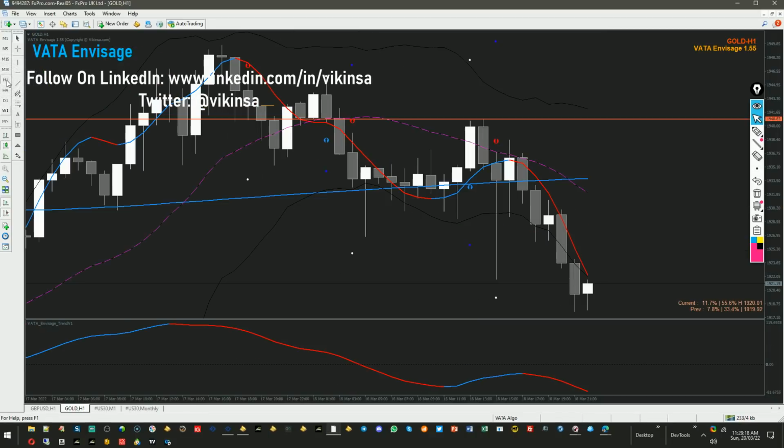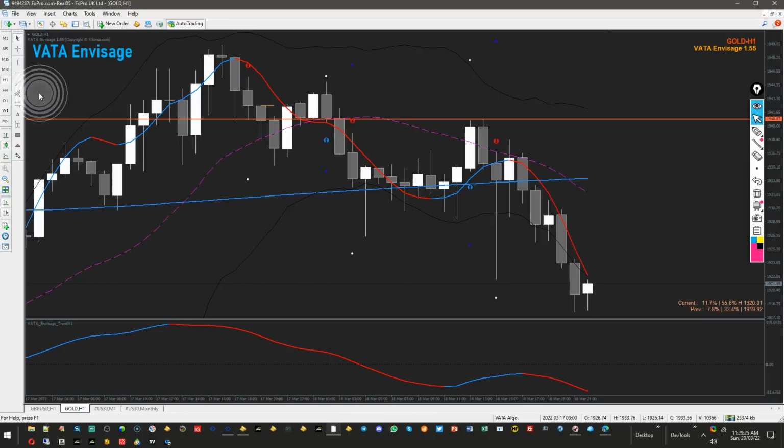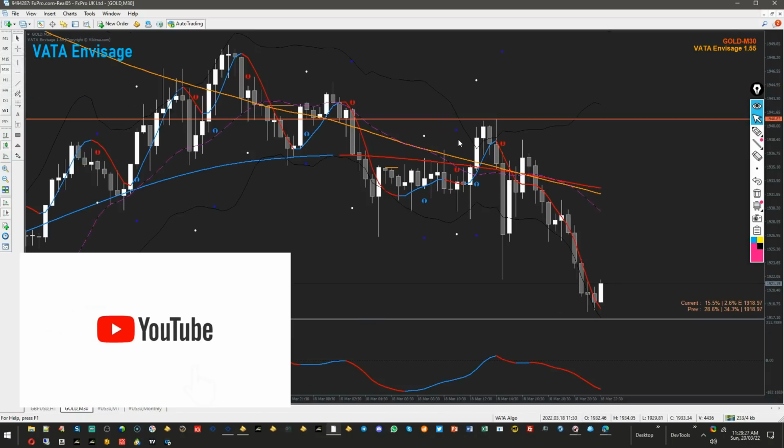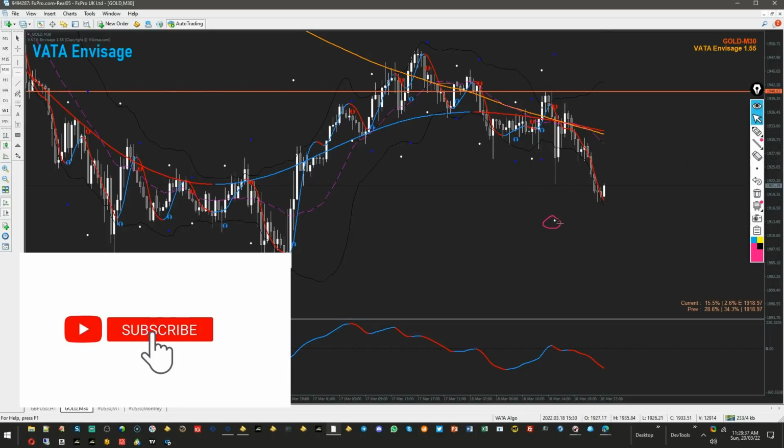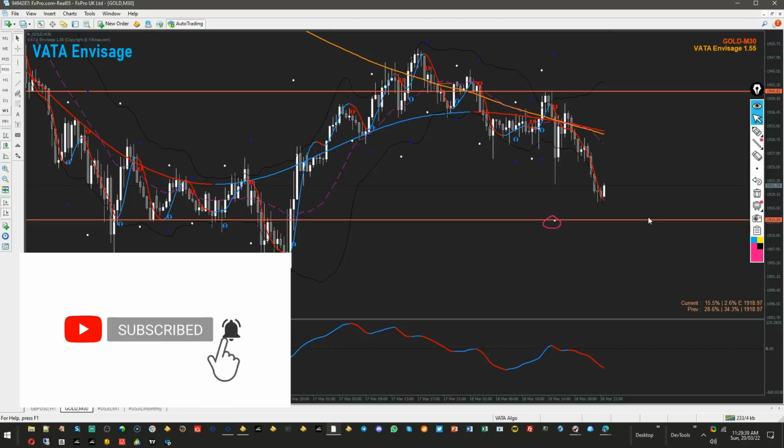If I go to the 1-hour time frame, this profit target has already been touched. The market has touched that, and it has started to go up a little bit. If I go to the 30 minutes time frame and show you what is happening here, this profit target is still available. So at some point, it can actually fall down to approximately the 1914 level or so.